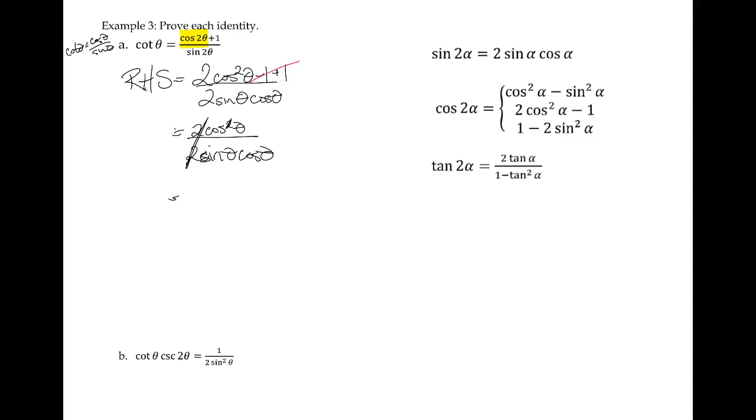I also see this goes away, the square goes away with the other cos in the denominator, and I am left with exactly what I said I wanted, which can be written as cotangent theta. And so my left-hand side is equal to my right-hand side. Huzzah!